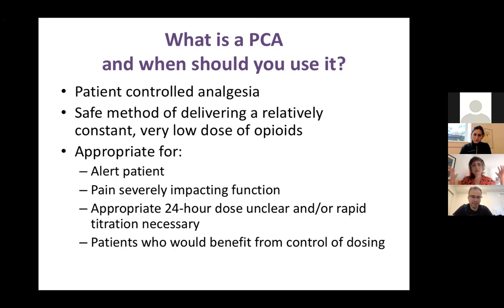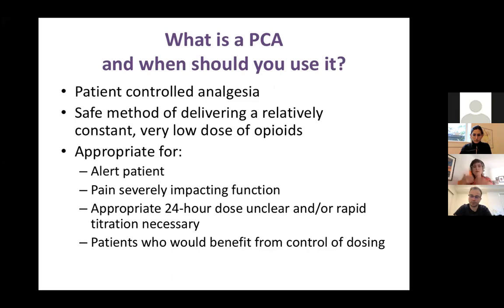If somebody has a regimen at home that you can work from, you can often just do that. Oh, I can increase their oxycodone by 50%. You may not need a PCA. But when you really don't know where to start, and especially when somebody's having a lot of pain, it can help. And sometimes patients have a lot of trouble with pressing the nurse call button and waiting for the nurse.